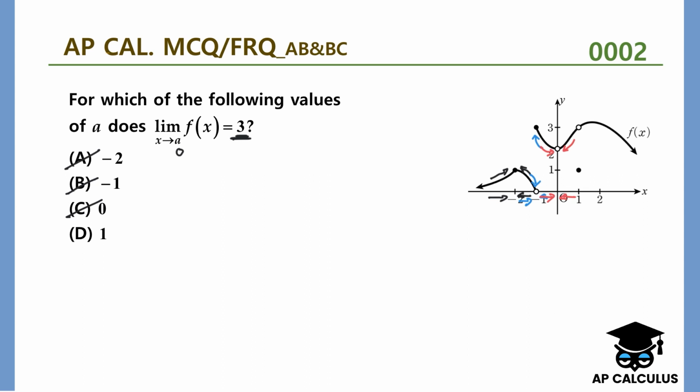Okay, D, we have 1. If x approaches 1 from the left-hand side, that approaches 3. From the right-hand side, that also approaches 3, right? So the limit as x approaches 1 of f of x is equal to 3. So the answer has to be D.